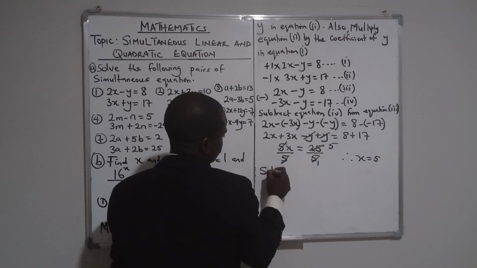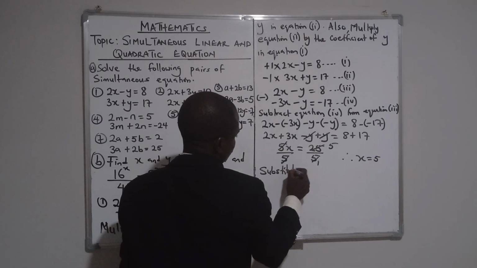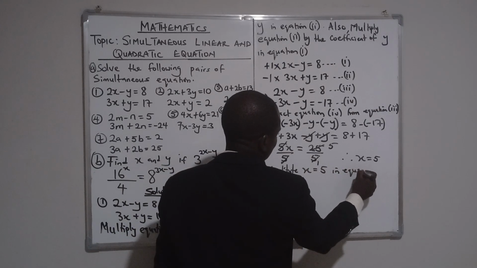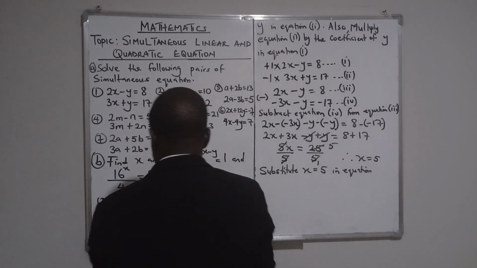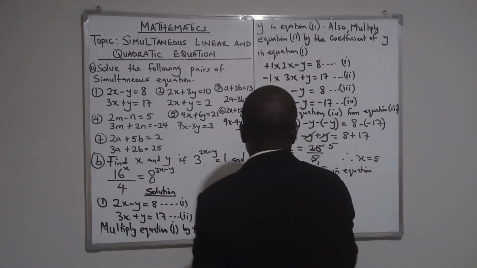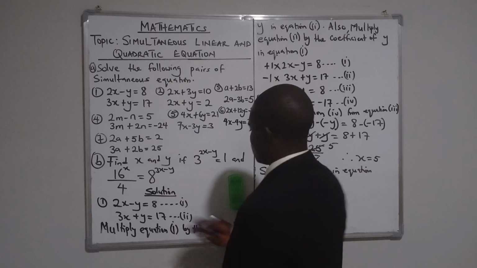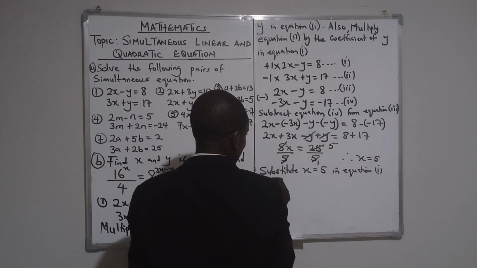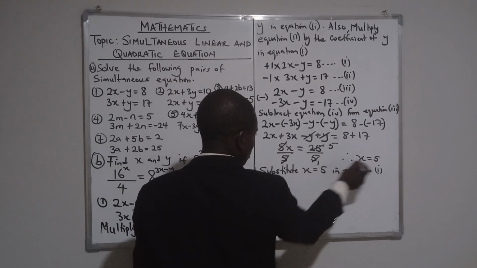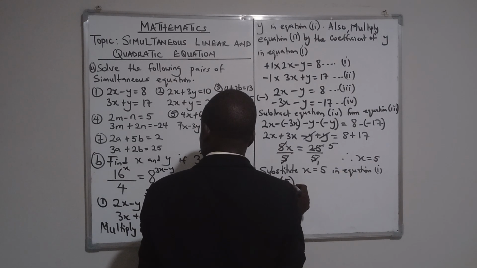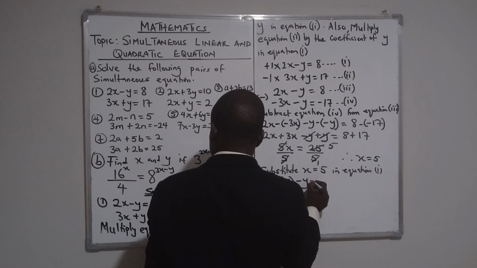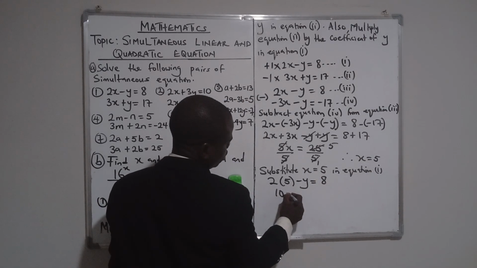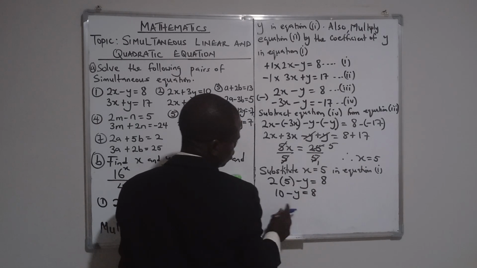Now substitute x equals 5 in equation 1. Another person can pick equation 2; we still get the same answer. In equation 1, 2 times 5 is 10, minus y equals 8.